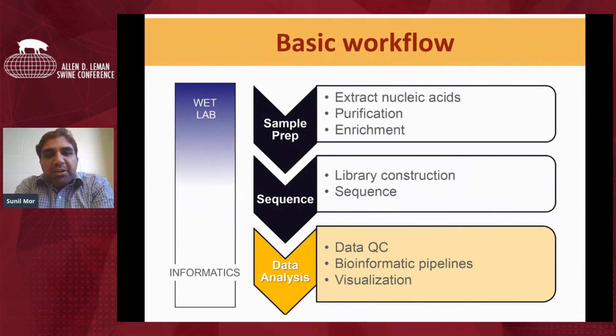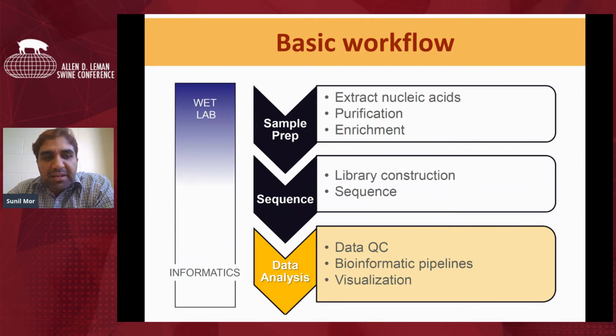So here is the basic overview of NGS. Like any other molecular method, here also it starts with sample processing and nucleic acid extraction. But then another important step here is to prepare the sample for sequencing, which is called library preparation, and then sequencing on the different sequencing equipment. And then another important point is data analysis.